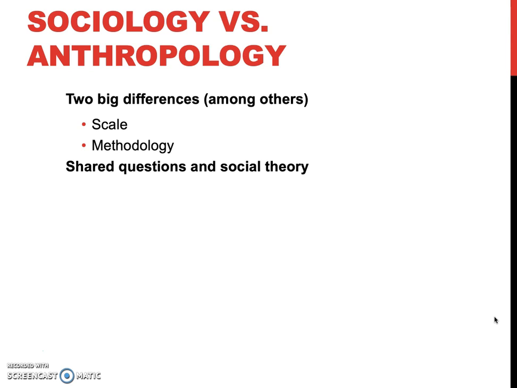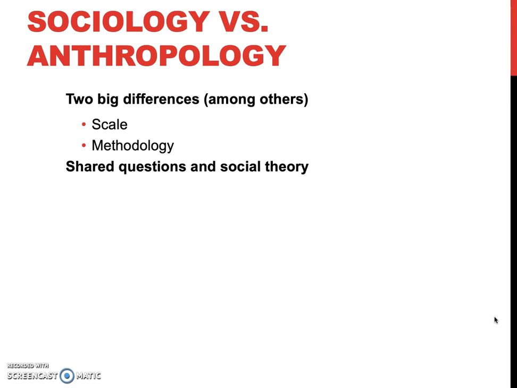Sociologists have traditionally studied large-scale industrial societies: Great Britain, the United States, China. As you can imagine, that scale requires a very different kind of methodology. You can't study 40 Americans in really close, intimate terms and then say that you know something about America. To study America, you need a representative sample of probably thousands of Americans.